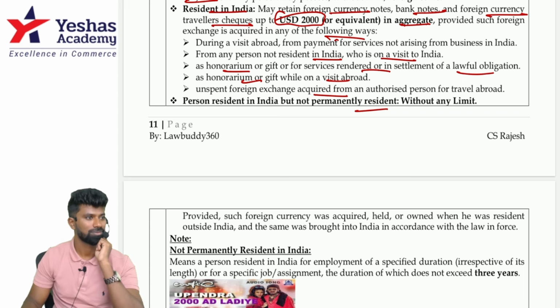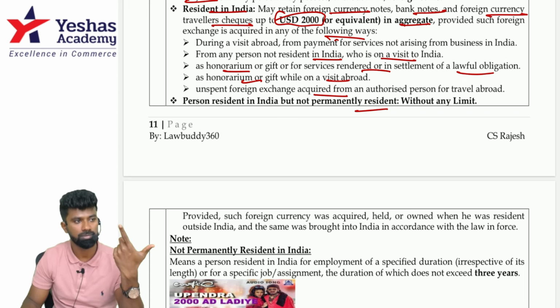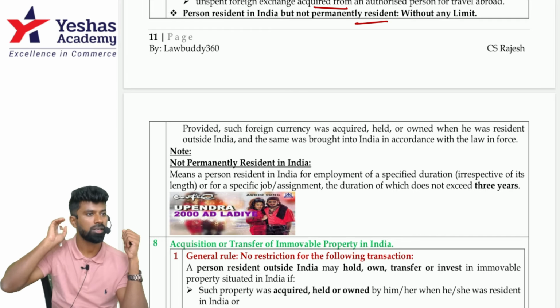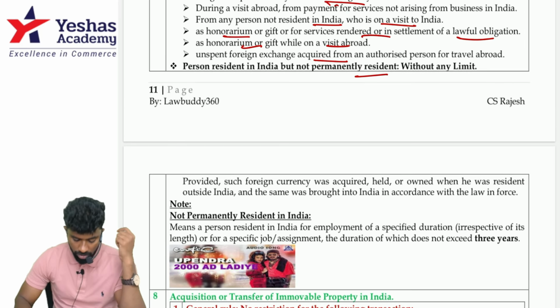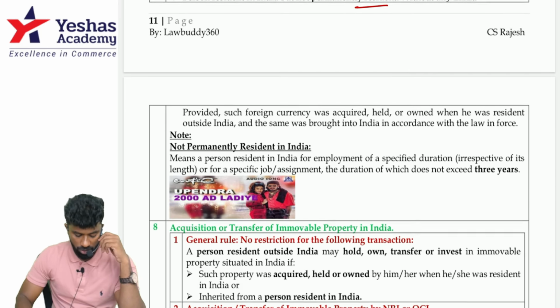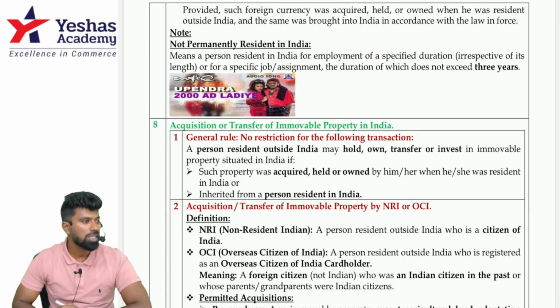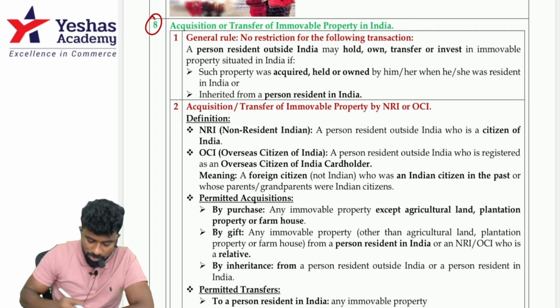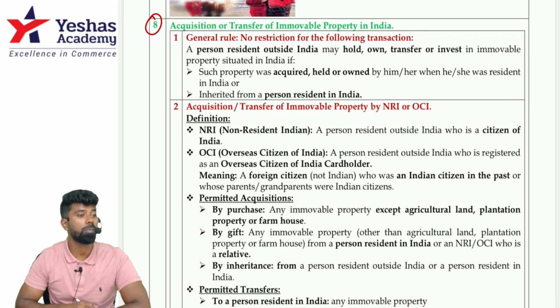Three years. That person can keep without any limit. So write this down, in case they ask a question based on it in the examination. Retention of foreign exchange. Are we clear with these? One last important topic: acquisition or transfer of immovable property.